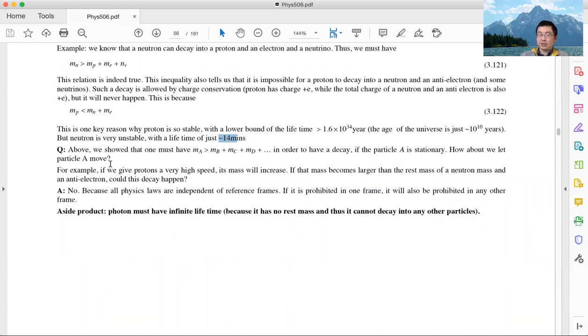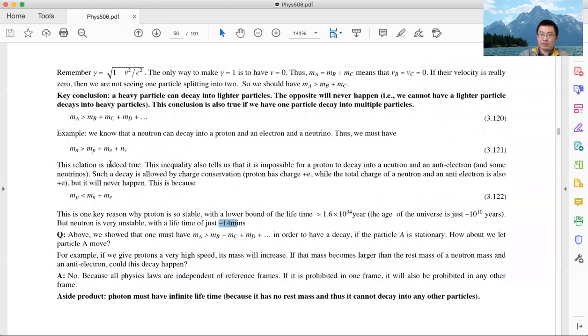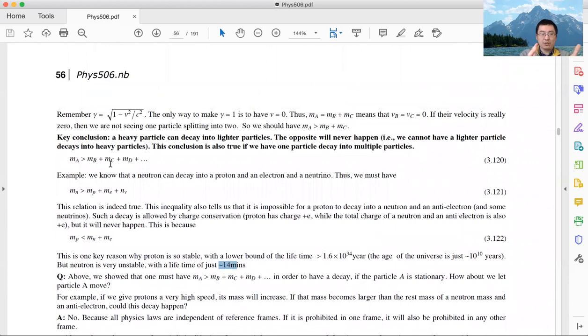First of all, it's because of the principle of special relativity. The principle of special relativity tells us the physics observed in one reference frame and in another reference frame must be the same. If in the reference frame we used before, where particle A is not moving, particle A cannot decay into B and C, then in any other reference frame this conclusion should survive, because all different reference frames are equivalent to each other and should see the same physics law and the same conclusion.